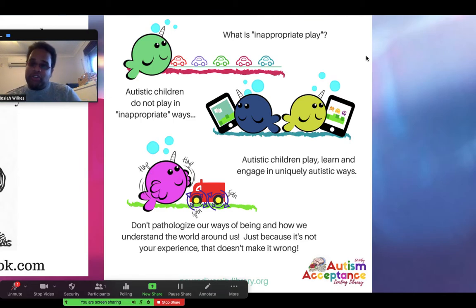One misconception that you get for students that have autism is this idea that they play wrong. So what is inappropriate play? Autistic children do not play in inappropriate ways.